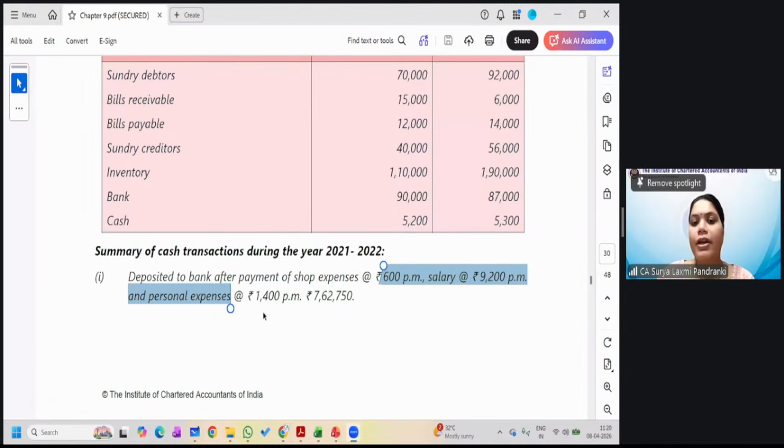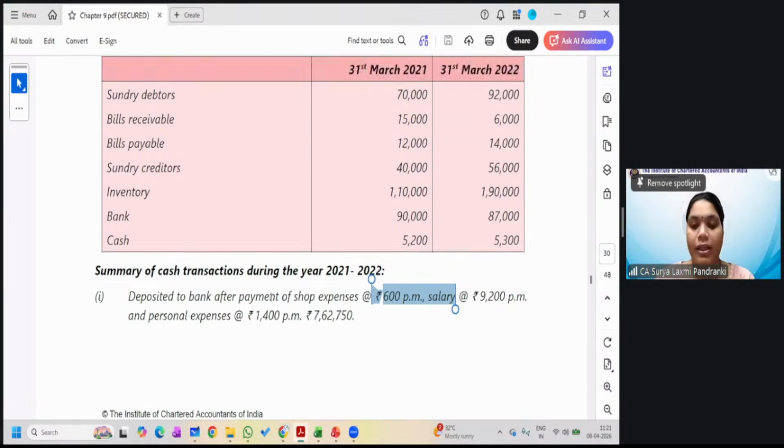Now, this is one contra entry wherein you are depositing cash into bank. That is one thing. And also some payments are done: salary payments, shop expenses, and personal expenses. Personal expenses means what? Some drawings, correct? It is nothing but the expenses made by the proprietor, the owner of the business, but these are also recorded in the books of accounts of the business itself.